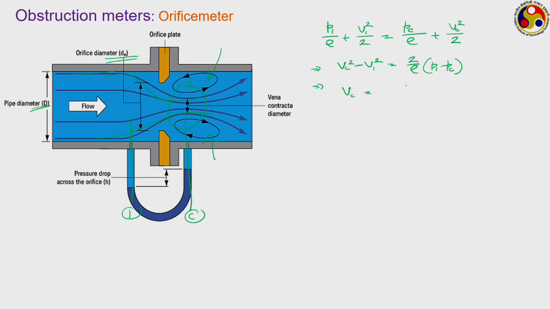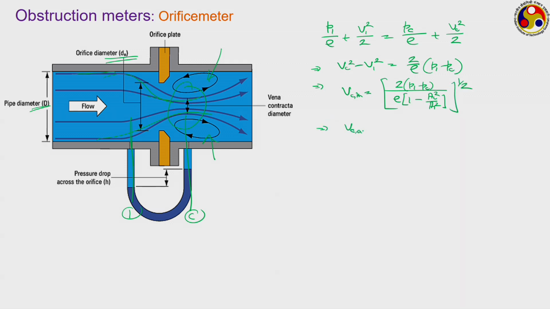and just as we have done earlier, Vc theoretical becomes equal to 2 into P1 minus Pc by rho to 1 minus Ac square by A1 square whole to the power half.